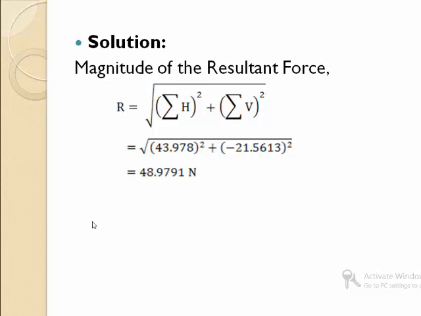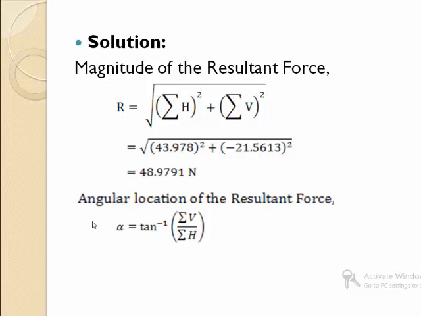Next, to locate this resultant force, we have to calculate the direction, the angular location of the resultant force. It can be calculated using the formula alpha is equal to tan inverse of summation V by summation H. By substituting the values, we get the value of alpha as minus 26.12 degree.